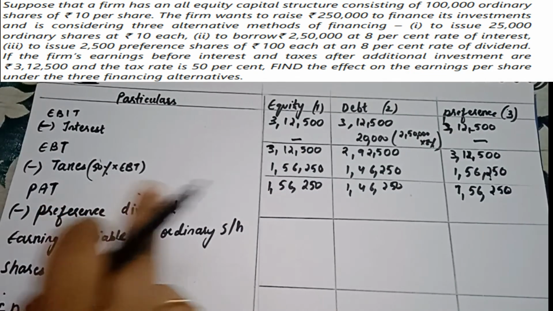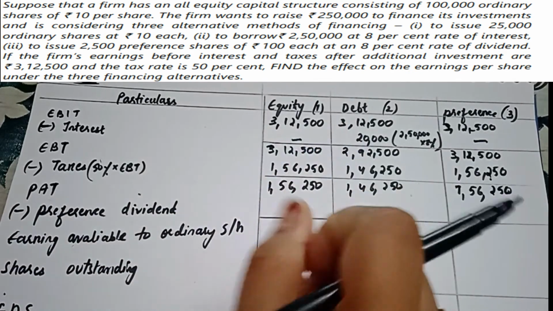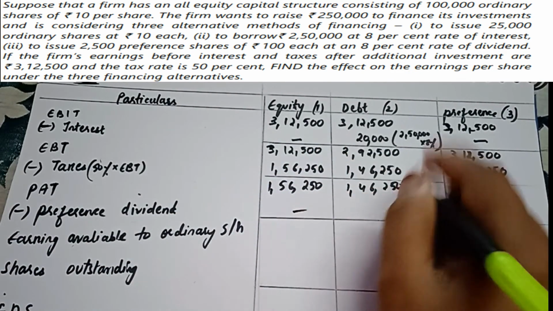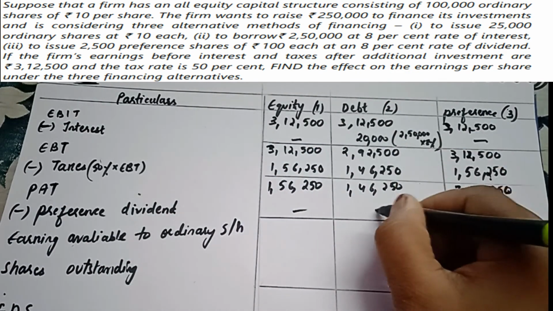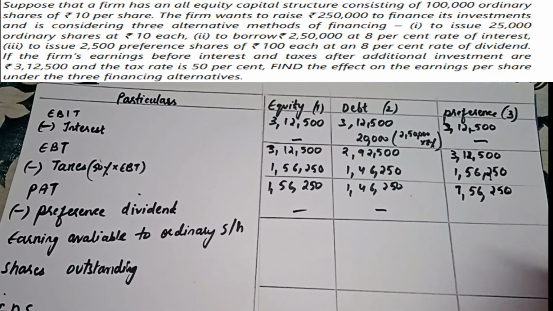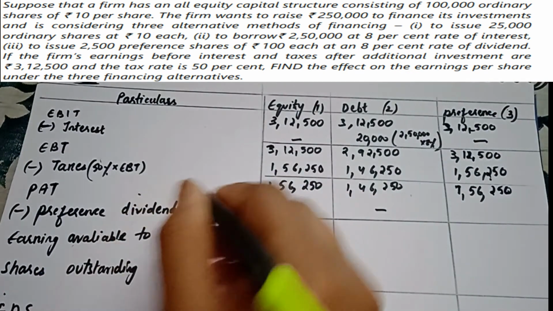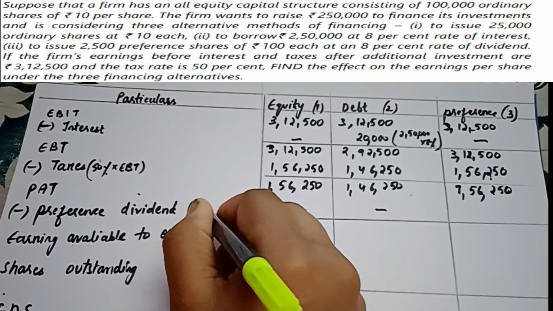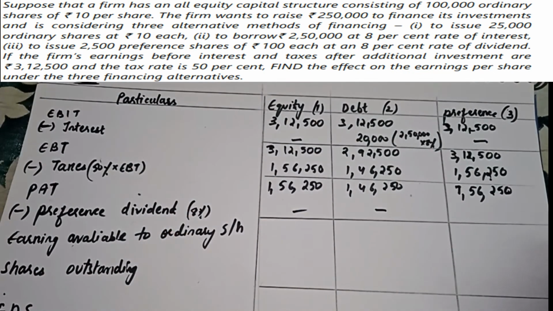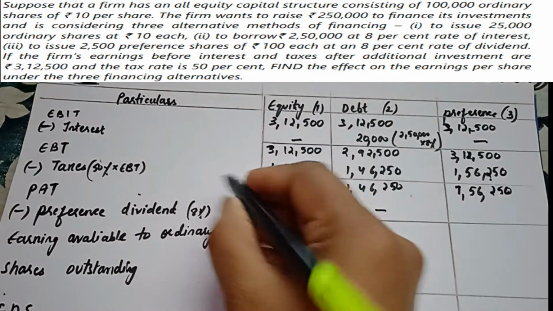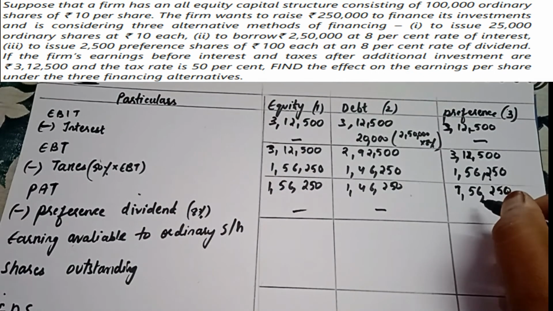Now that is preference dividend. In option 1, do we have a preference dividend? No. In option 2, do we have it? No. In option 3, yes, we are having the preference dividend. How much preference dividend? That is also 8%. 8% on what? 8% on the amount which we have raised as preference shares. So 8% on 2,50,000, that is nothing but 20,000 again.